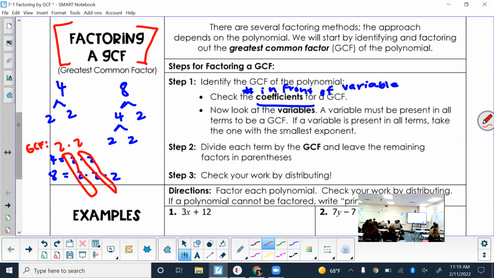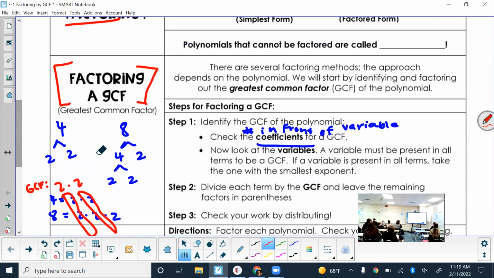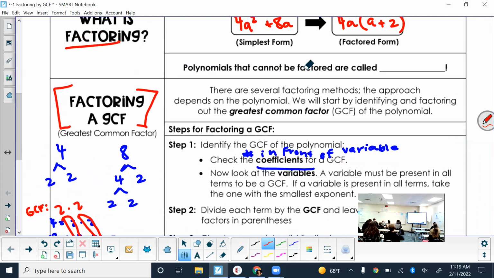So what if there's no common factors between two numbers? Polynomials that cannot be factored would then be called what? What's that word when it can't be broken down?